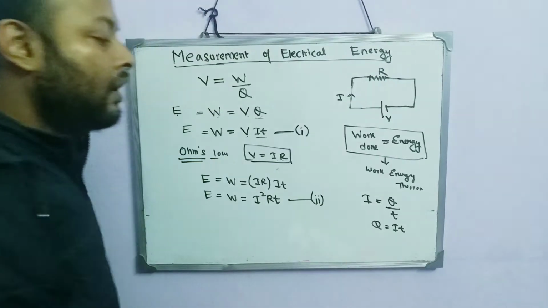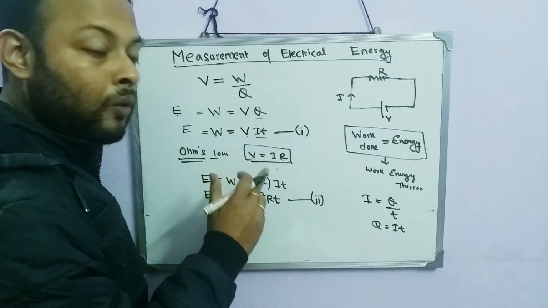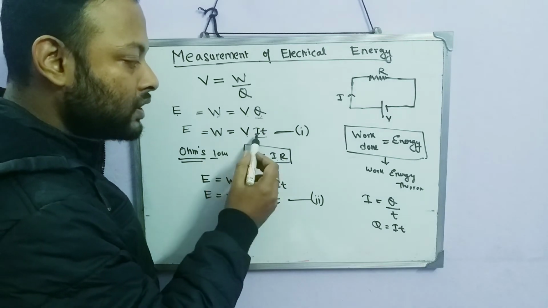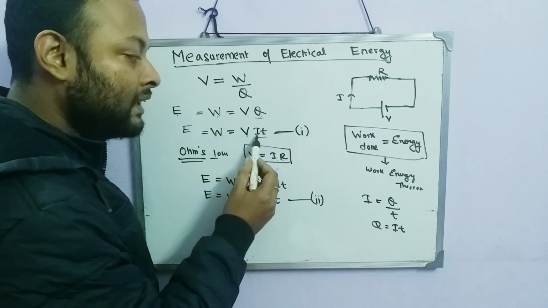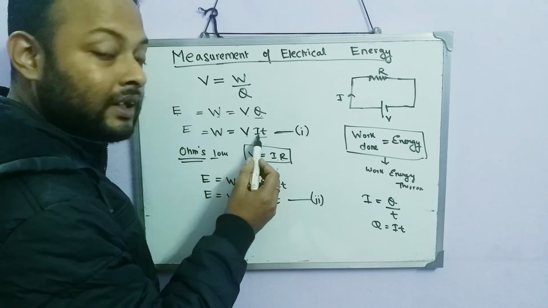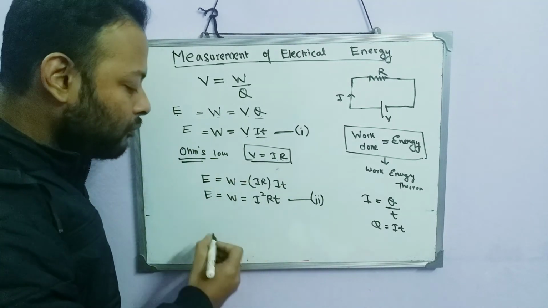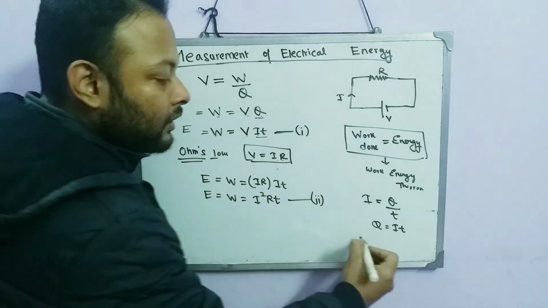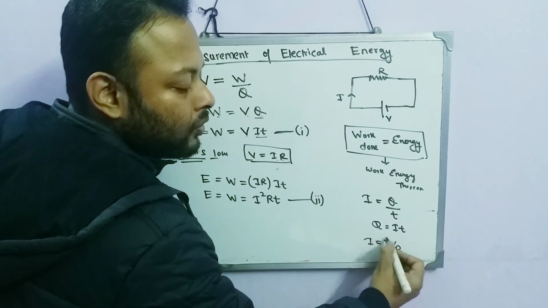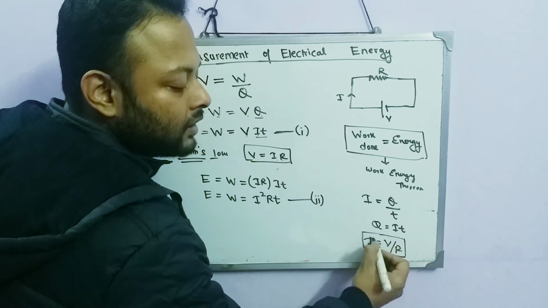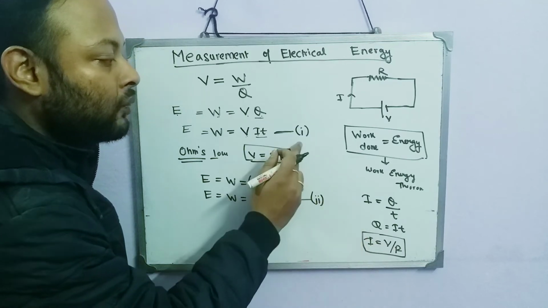After that, we can also use Ohm's law in equation number 1, and now we will not replace V, but rather we will replace this value I. We know from Ohm's law that current is equal to V by R. So we'll put the value of I in equation number 1.